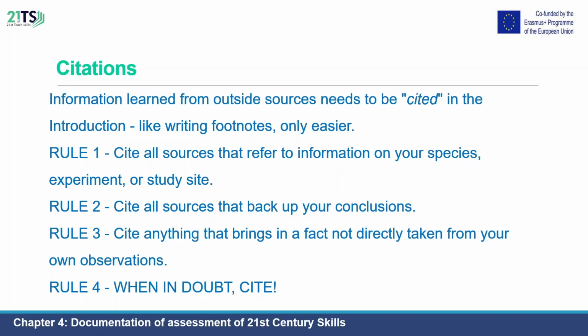The second rule, you have to cite all sources that back up your conclusion. The third rule, you have to cite anything that brings in information not directly taken from your own observations.